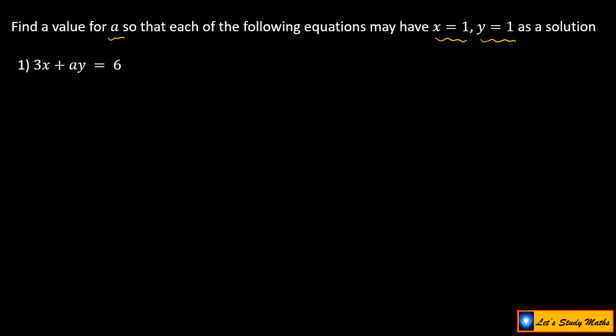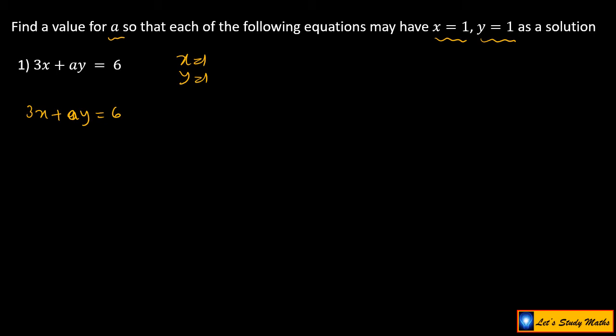So 3x plus ay is equal to 6. So now, according to the question, we have x is equal to 1 and y is equal to 1. So these values we will fill in the equation, then we'll get a value. So we'll write the equation 3x plus ay is equal to 6.